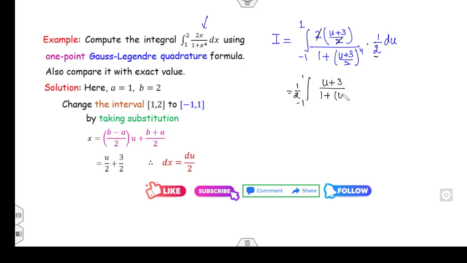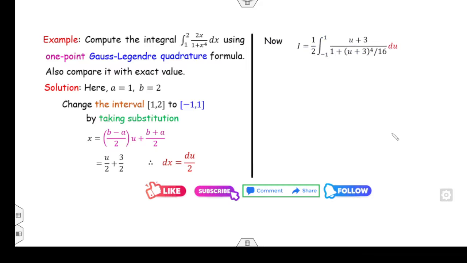So 1 plus (u plus 3) raised to power 4 over 16. Now if you take the LCM, -1 to 1, 16 is the LCM, 2 will be cancelled. It's 8 times (u plus 3), over 16 plus (u plus 3) raised to power 4.